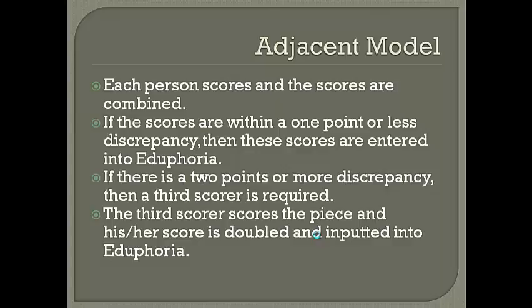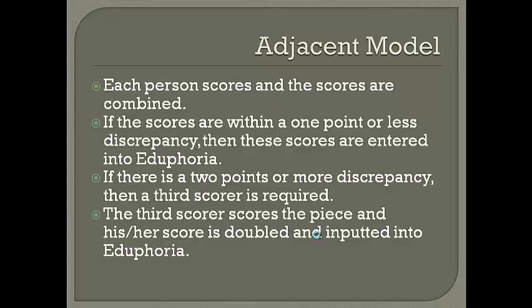There are cases, and it's rare, when two people will disagree and have 2 points or more of discrepancy. In a case with TEA, they call for a third scorer, and we're going to do the same thing. The third scorer is somebody else on the team. It could be another team member, a team leader, an interventionist, a coach, somebody who you all feel could be another scorer who has been trained.